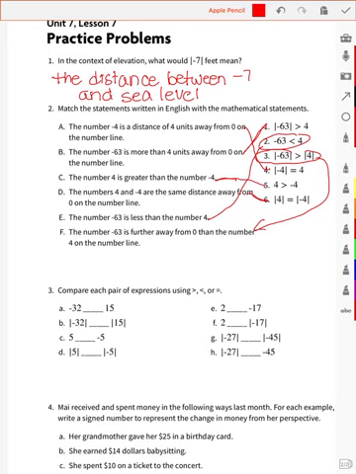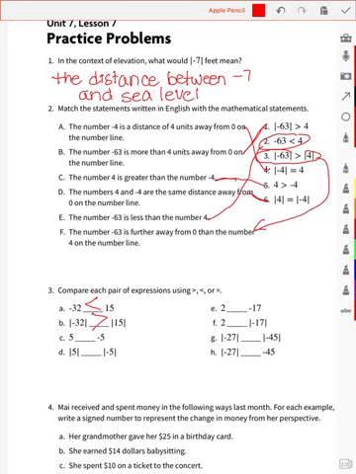Number 3, compare each pair of expressions using greater than, less than, or equal to. So we have -32 is less than 15. The absolute value of -32 is 32, and 32 is greater than 15.